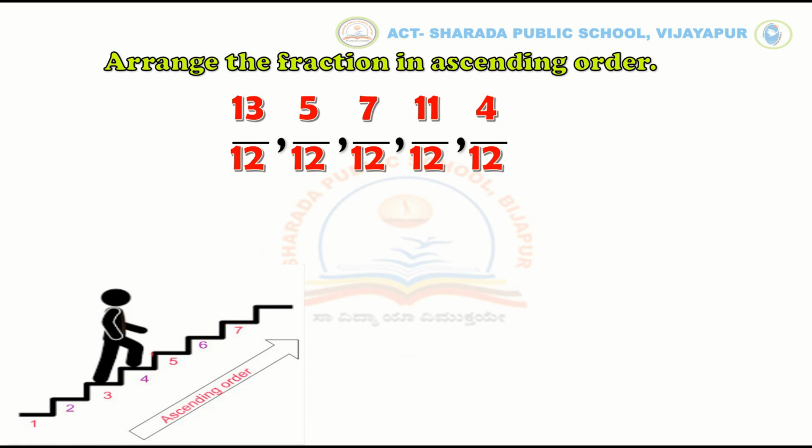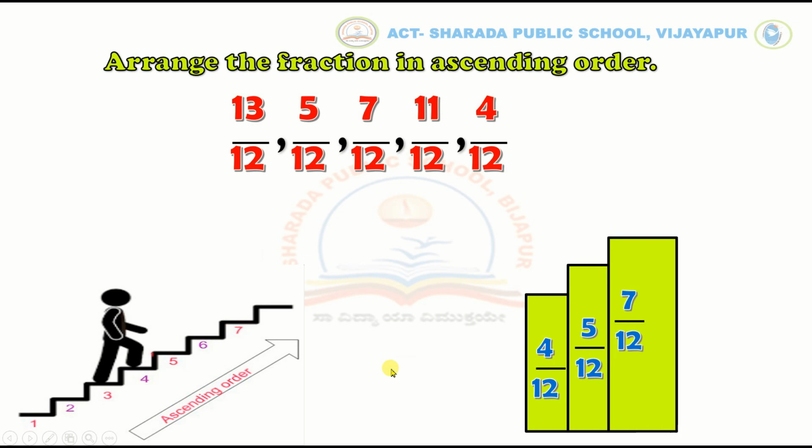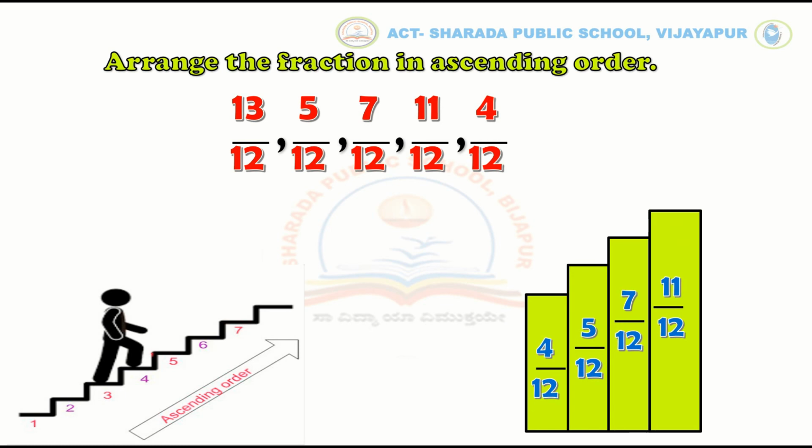So you should remember while comparing like fractions, a fraction with a greater numerator has a greater value. So here 4 by 12 is less than 5 by 12, and 5 by 12 is less than 7 by 12, and 7 by 12 is less than 11 by 12, and 11 by 12 is less than 13 by 12.